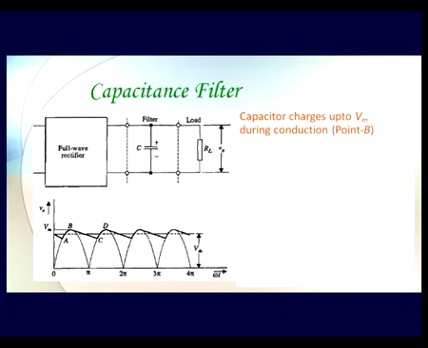So what happens in our case is that this is a full wave rectifier output. Below here I am showing you. Initially when I am having conduction at Vm, my capacitor charges to, say, value B. Now the output of my full wave rectifier starts going down in this cycle here. But since there is a capacitor which is charged, the load will be looking at the voltage supplied by the capacitor.